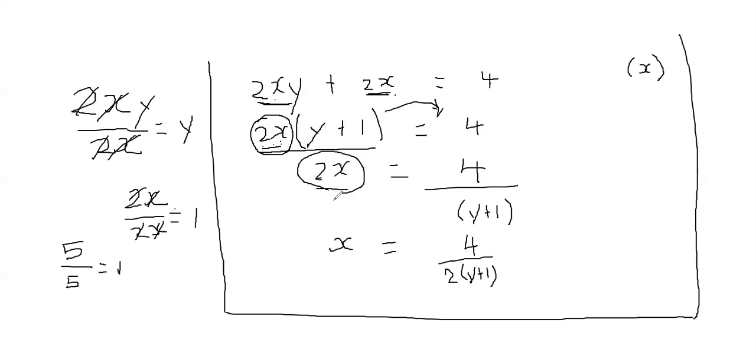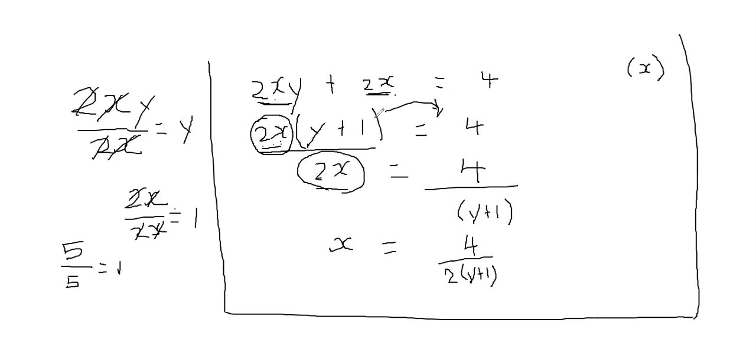And the 2x still remains outside. The reason we get 1 here is because 2x into 2x gives us 1. But this 2x is what we take out. This is what is common in both 2xy and 2x. All right?